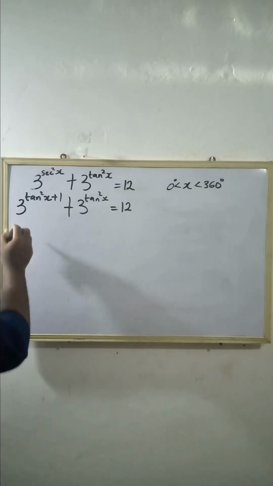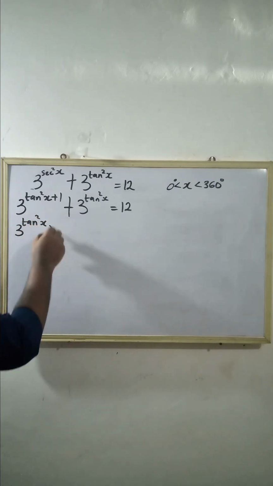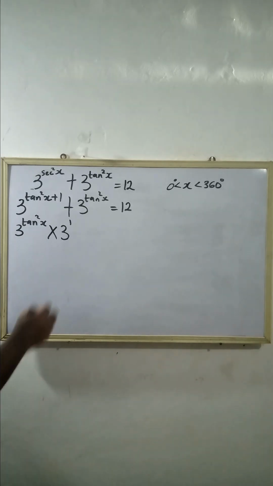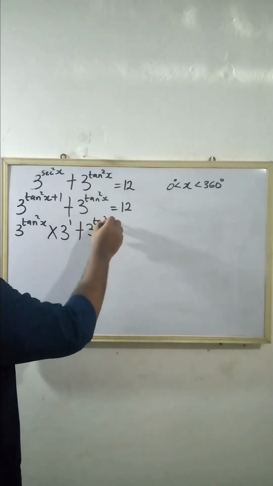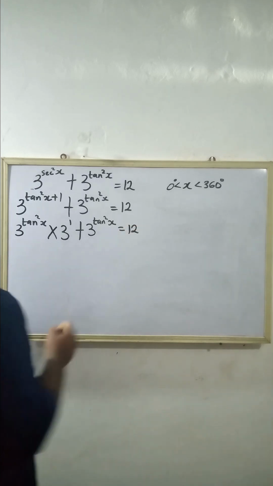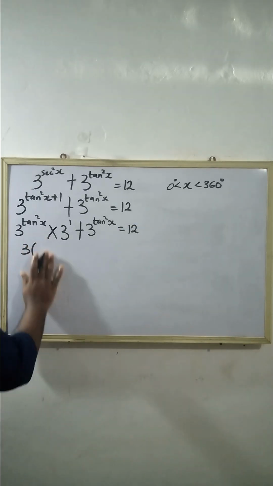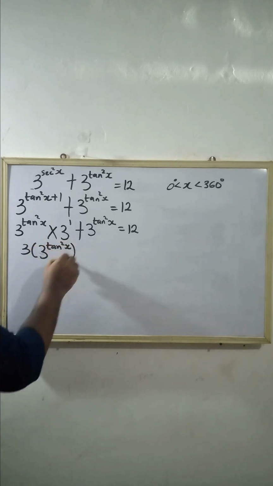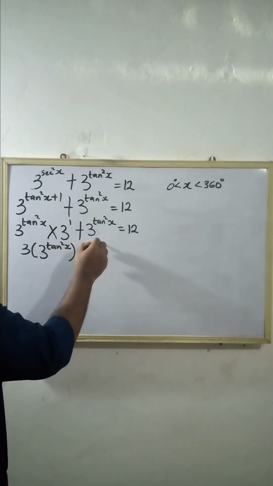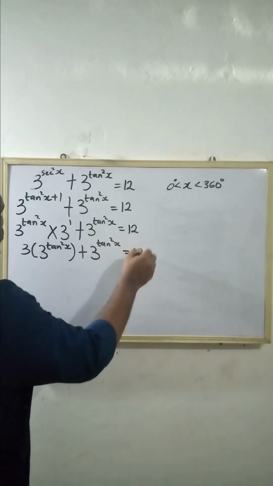So we can rewrite this as 3 raised to the power tan squared x times 3 raised to the power 1, plus 3 to the power of tan squared x equals 12. So I can rewrite this as 3 times 3 to the power of tan squared x plus 3 to the power of tan squared x equals 12.